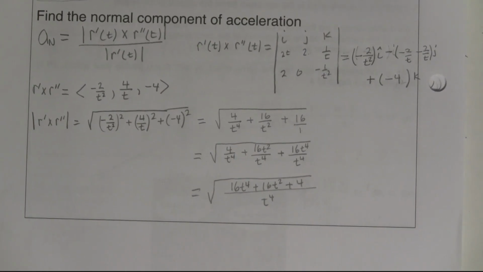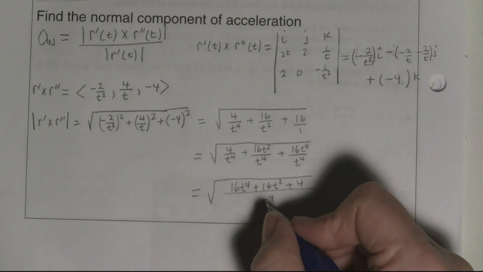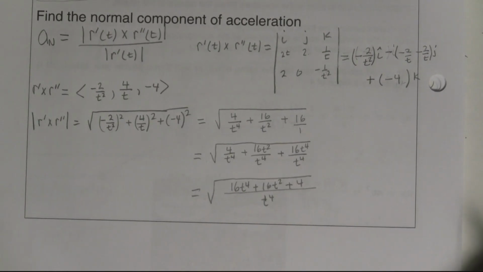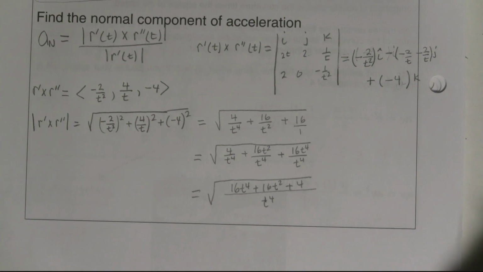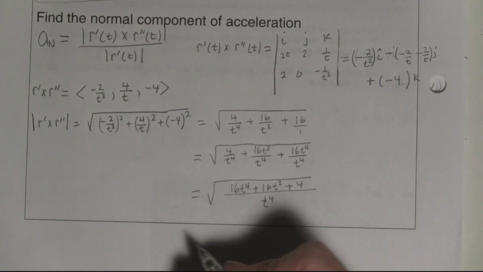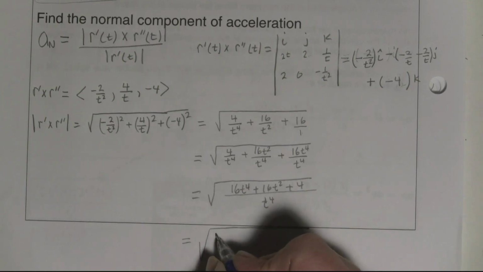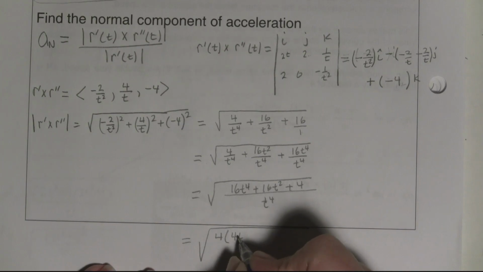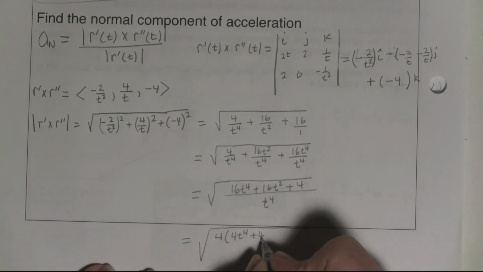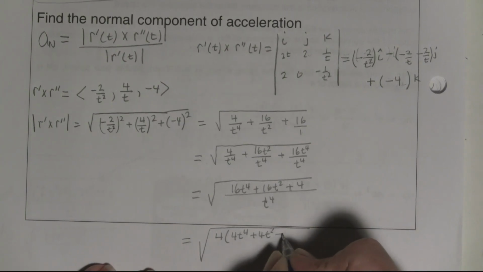That numerator there, you might not recognize it, but it's actually a perfect square. So the denominator t to the fourth, you recognize that is a perfect square, but the numerator is also a perfect square. You could factor out a 4 first if it made you happier, and so I will. So this is 4t to the fourth plus 4t to the second plus 1.